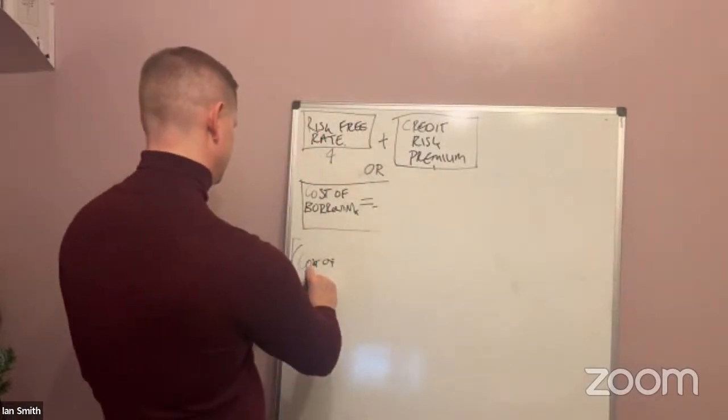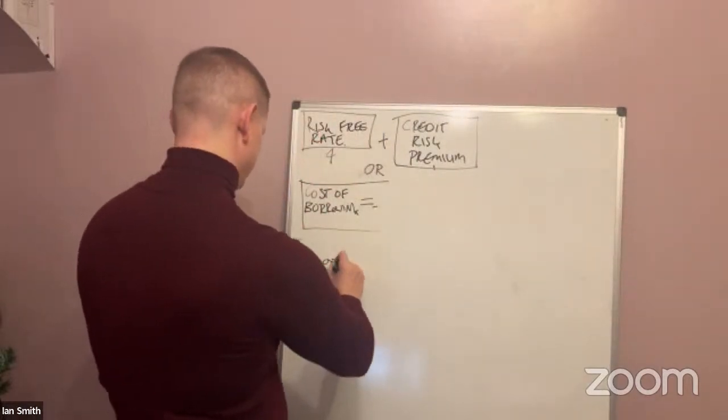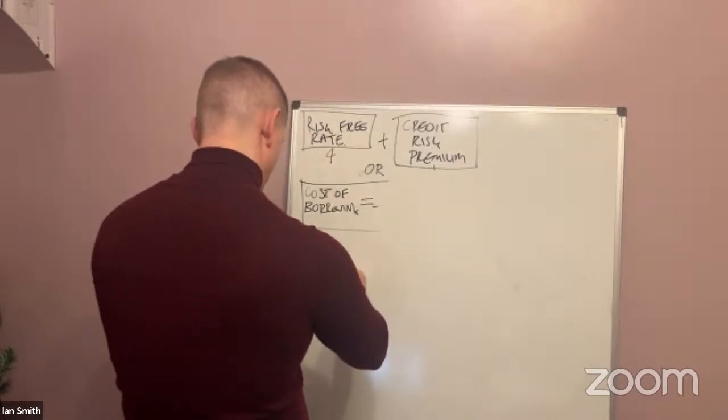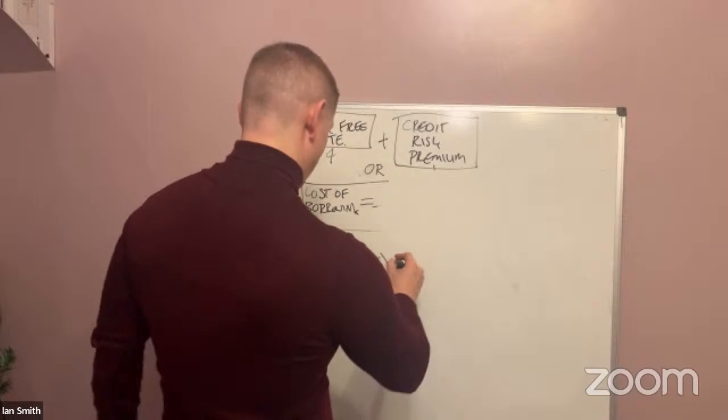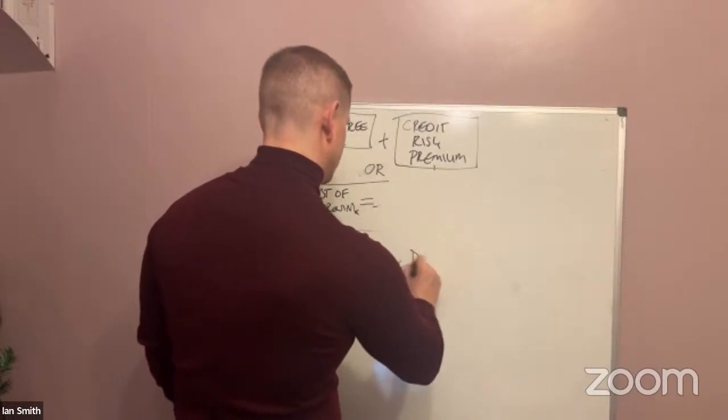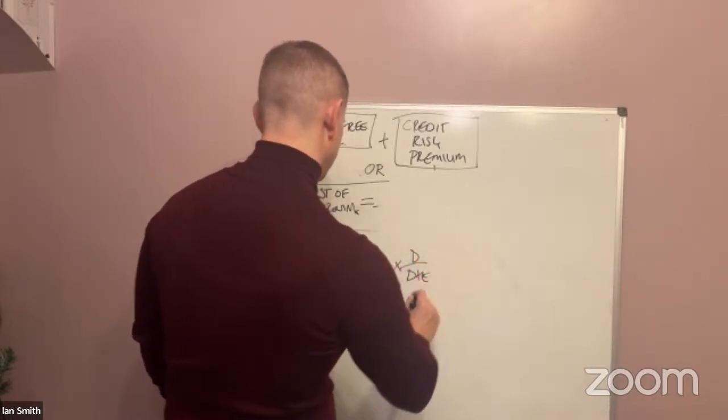Cost of debt multiplied by 1 minus the tax, multiplied by debt over debt plus equity.